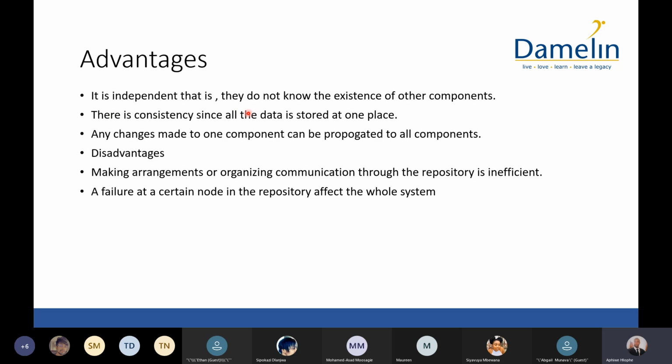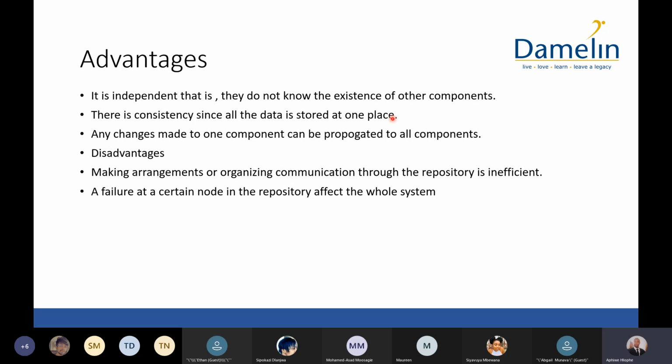There is a consistency since all the data is stored in one place. There is consistency, but at the same time, you could run into some conflicts because remember, we have these systems that are sharing this particular repository. Thankfully, repositories have mechanisms in place to handle what we call concurrency of transactions.